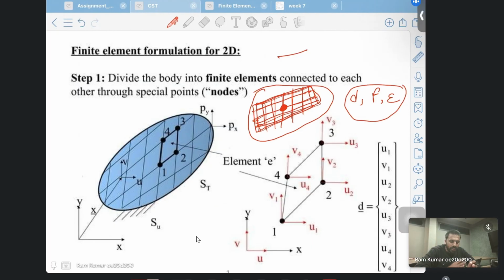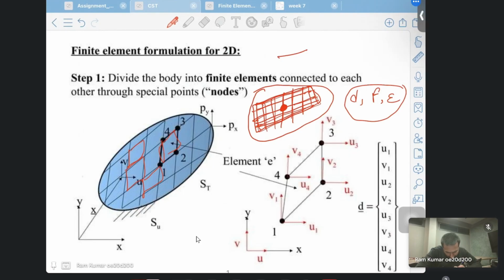For example, to get some displacement at this point, we first break this into small elements, and then after that we sum up to make the same element again. So we will cut this element into different small elements.